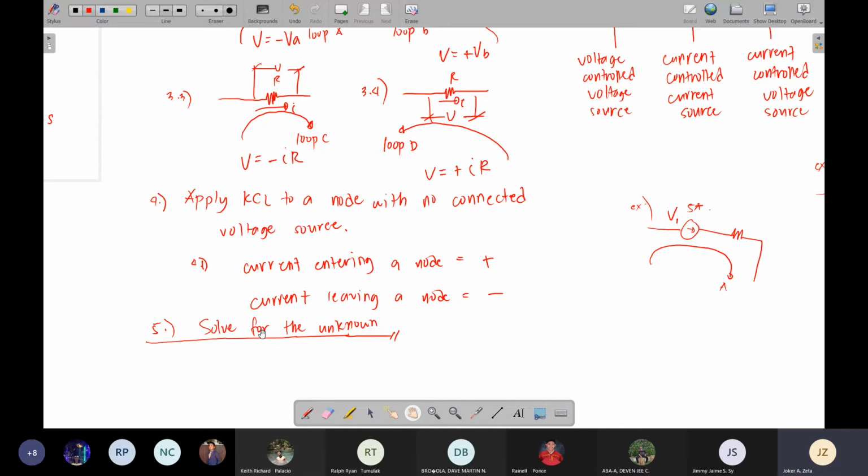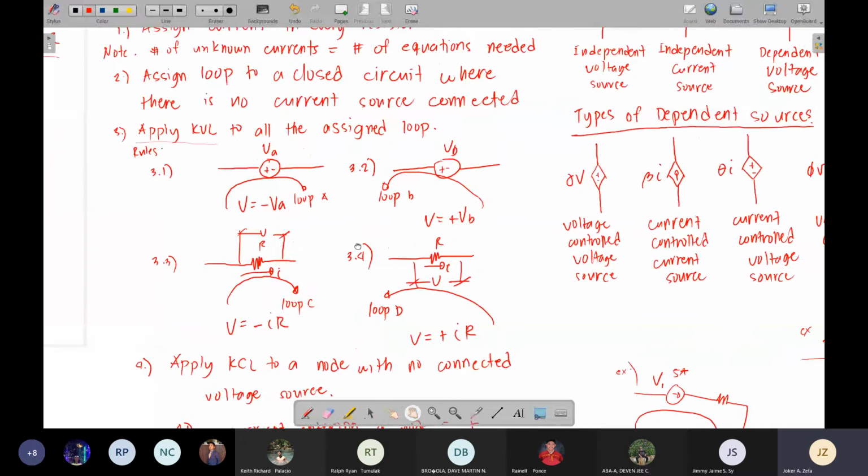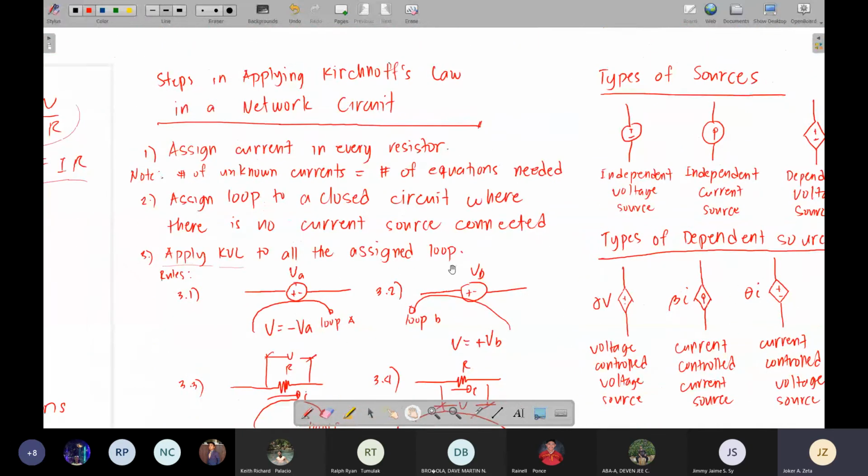So mas maayo nga mas daghan ang number of equations kumpara sa unknown, kay makasolve ra man ta sa unknown ana. Problema kung ang imuhang unknown tulo ka buok pero duha ra ka buok ang equation, lisod kaayo ang pag-solve. Okay? So these are the simple steps in applying Kirchoff's law in a network circuit.